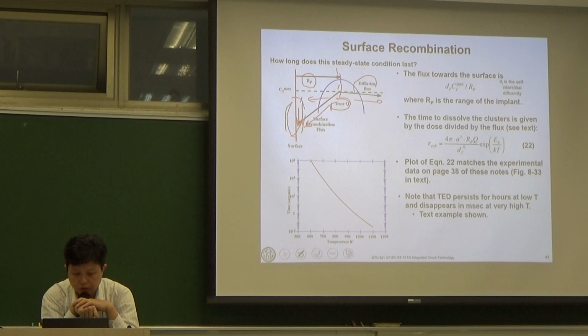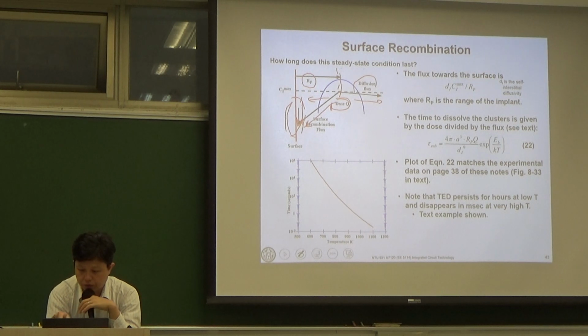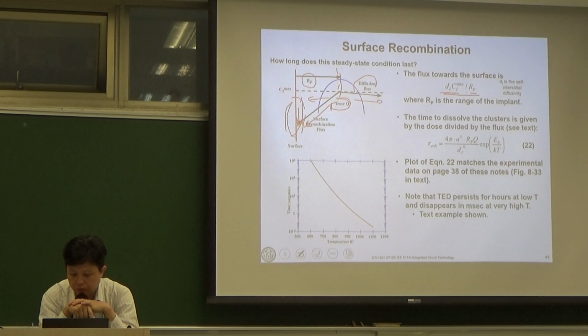You can see the slope is quite different for these two fluxes. The flux to the surface can be written like this: we have this diffusion constant and this concentration divided by the range of the implant. So that's the flux to the surface.